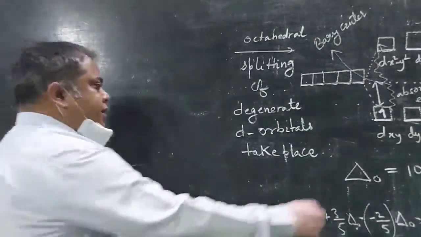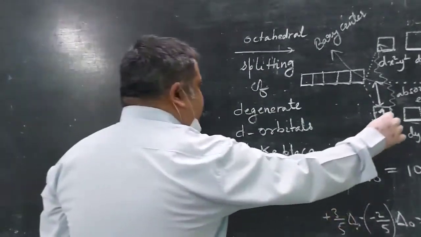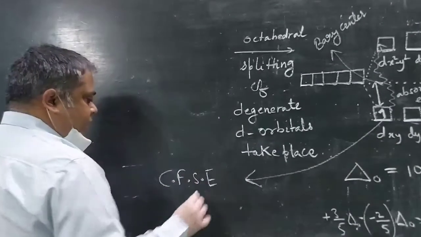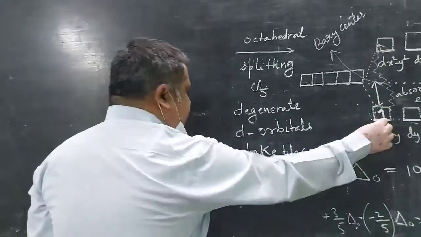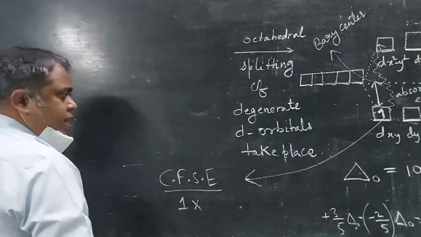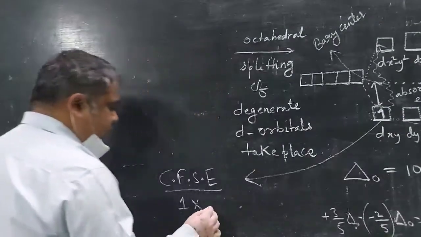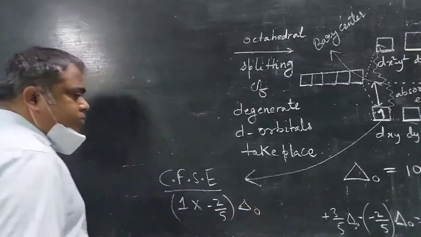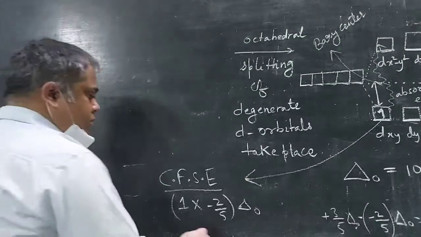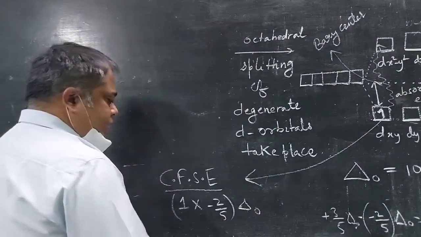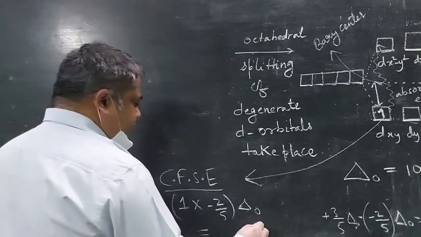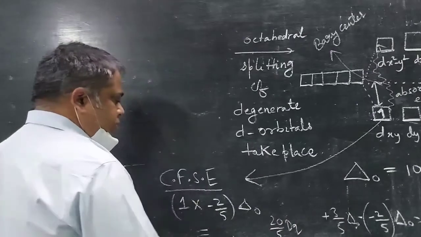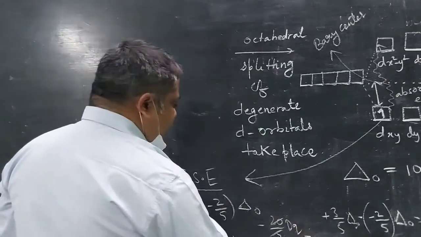So as many electrons as there are, that will determine its crystal field stabilization energy. To find the crystal field stabilization energy, for each electron in a particular orbital, say 1 is there, so we write 1, and it contributes minus 2 by 5 delta O, or in this case we can write 10 Dq, so it will be equal to minus 20 by 5 Dq, which is minus 4 Dq.